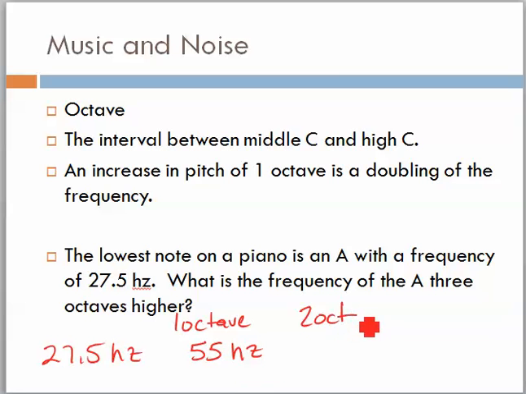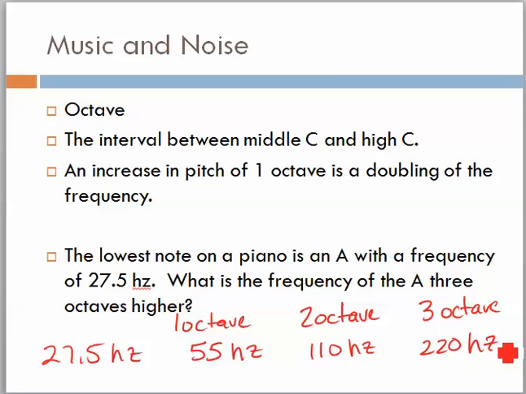For 2 octaves, we'd have to double the 55 hertz. That would give us 110 hertz. A third octave higher would be doubling that again, which would give us 220 hertz. So when you hear someone saying they can go an octave higher, what that means is they are doubling the frequency at which they're singing.